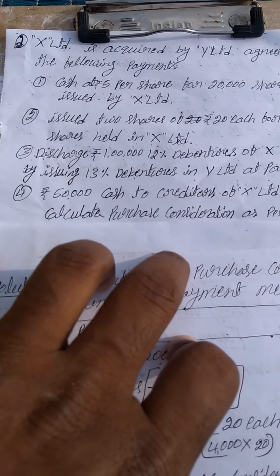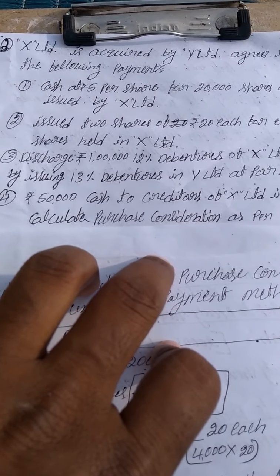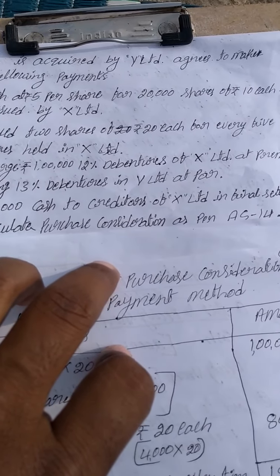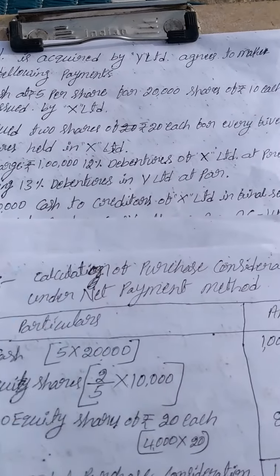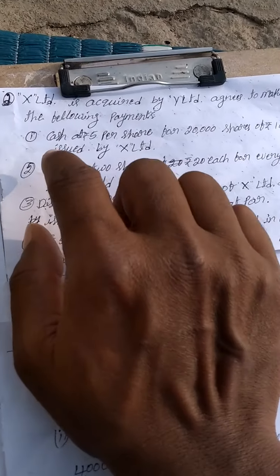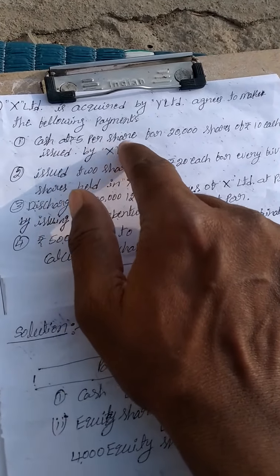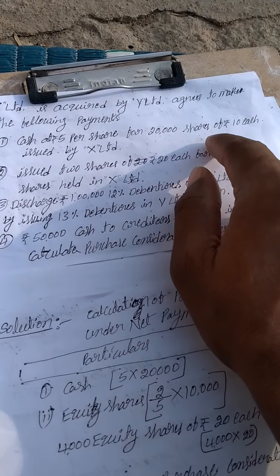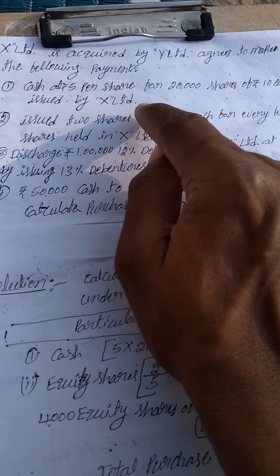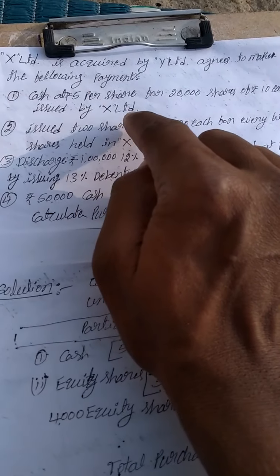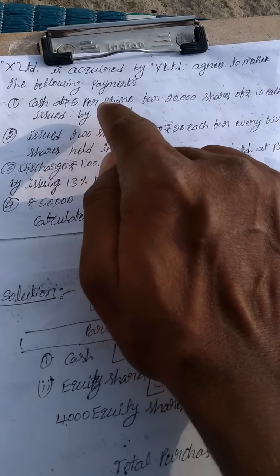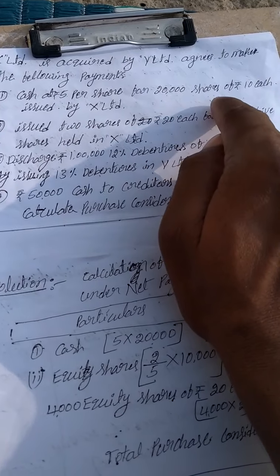Next, question number 3. X Limited is acquired by Y Limited, which agrees to make the following payments. Look at them one by one. Cash at 5 per share for 20,000 shares of rupees 10 each issued by X Limited. Here X Limited issued to Y Limited shareholders, that is cash at 5 per share for 20,000 shares.